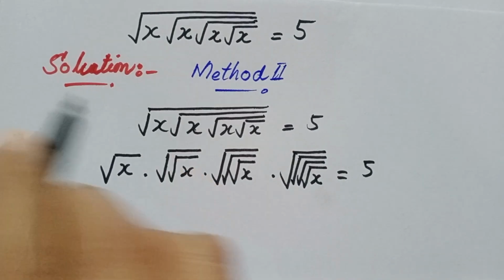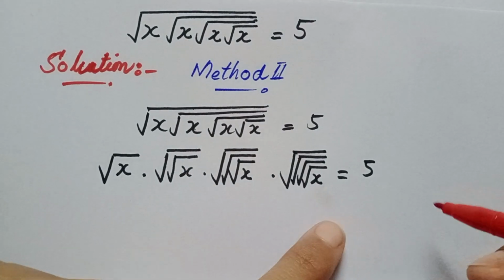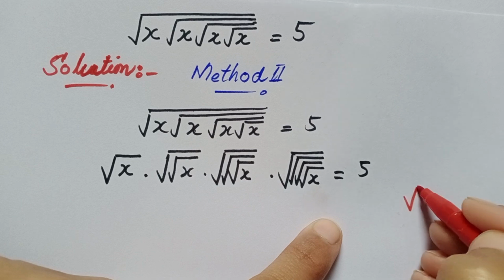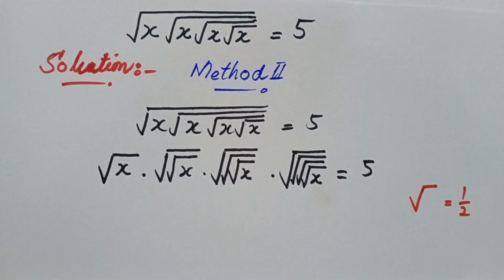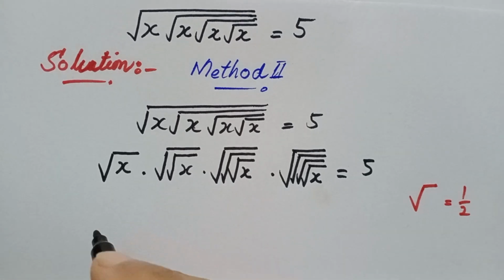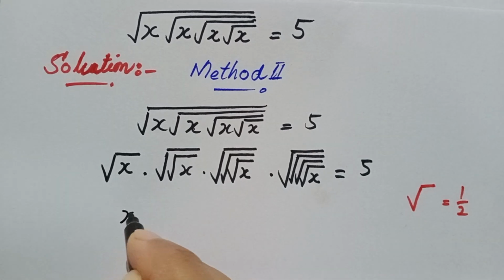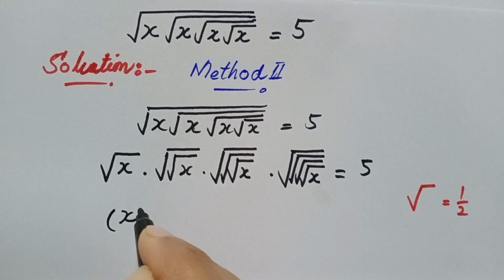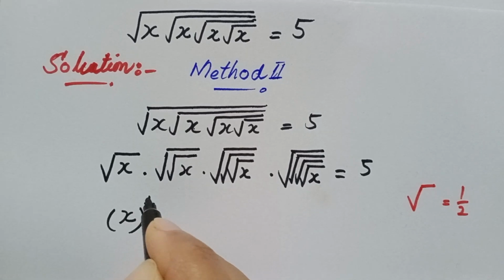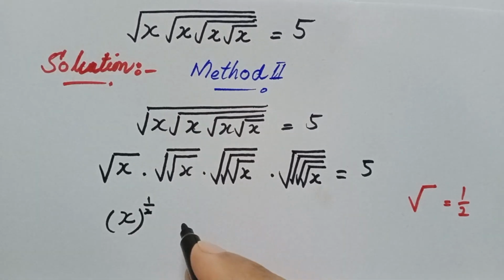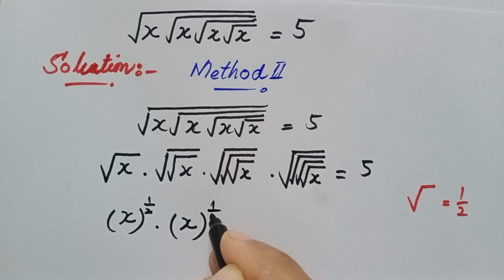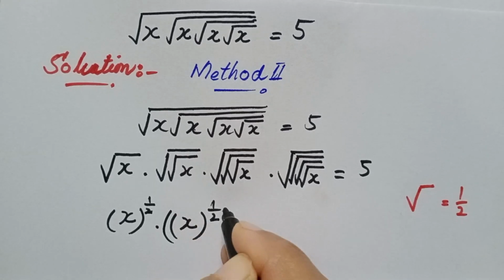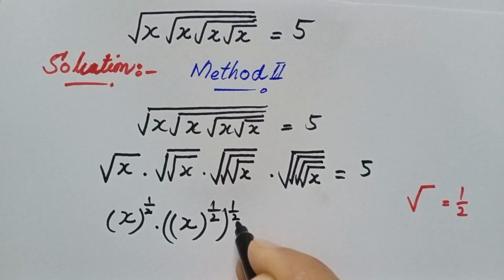So we know that square root is equal to the power 1 over 2. Its value is 1 over 2. So we can write x to the power 1 over 2.